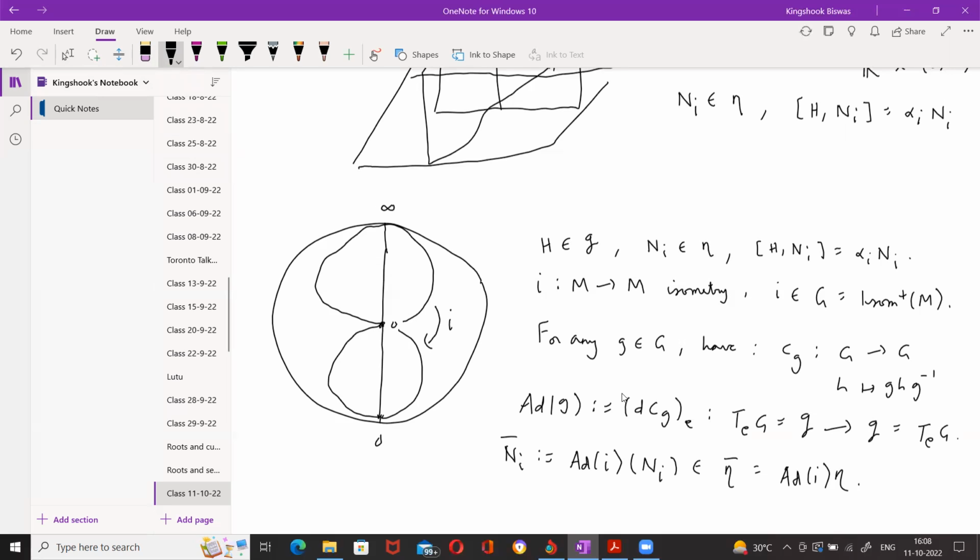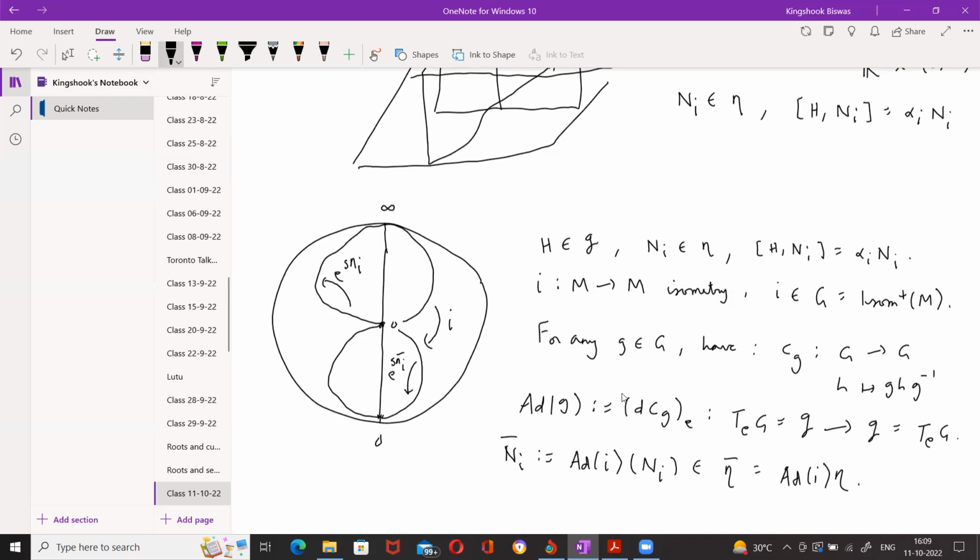And your e to the s N_i is going to get conjugated by I to e to the s N_i bar, right? Yes. Is this all right? Yes. So e to the s capital N_i is going to act on the upper horosphere.